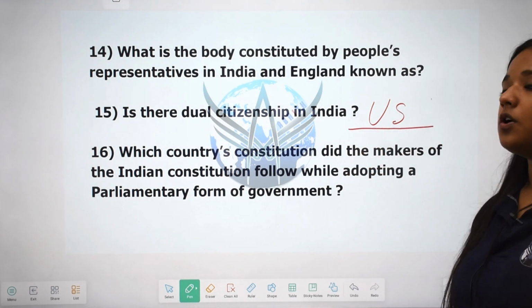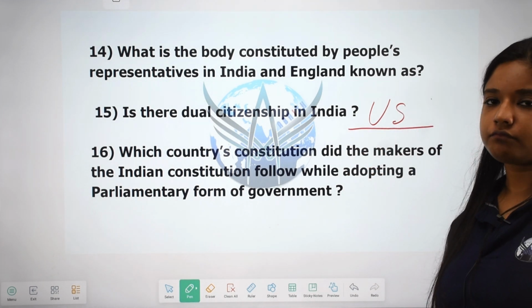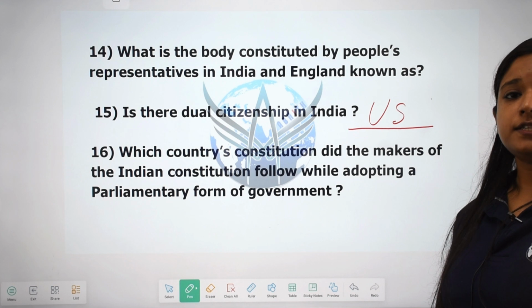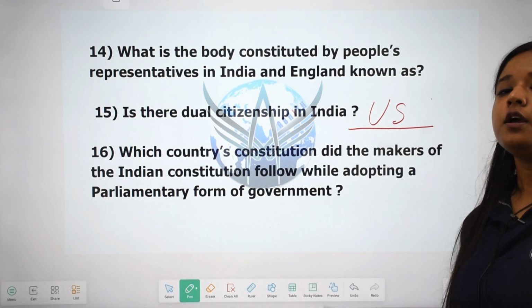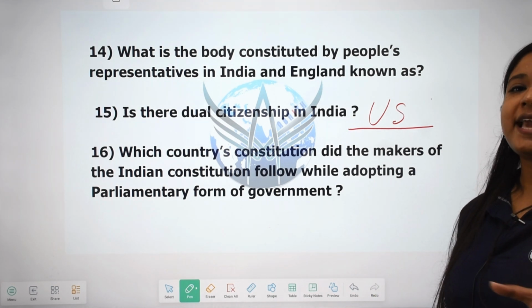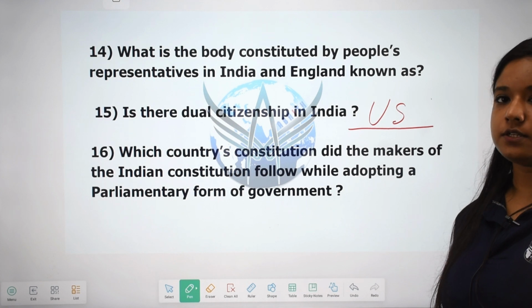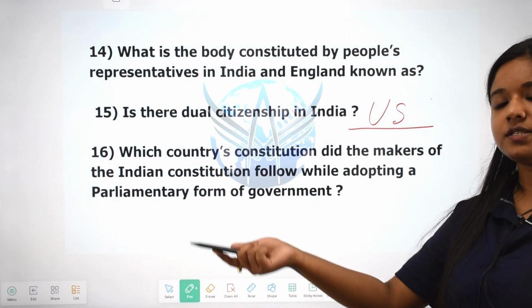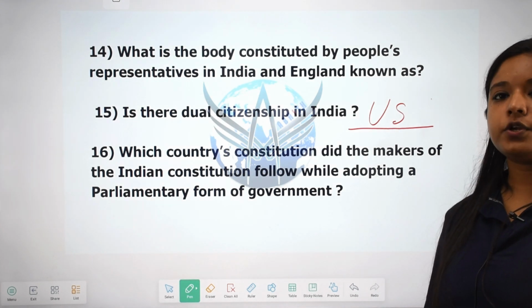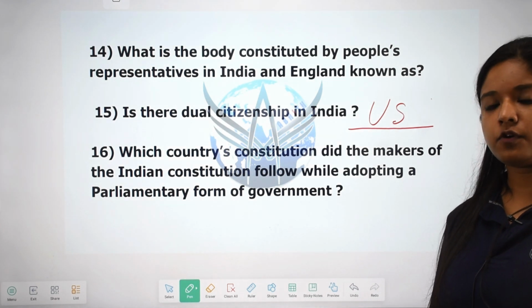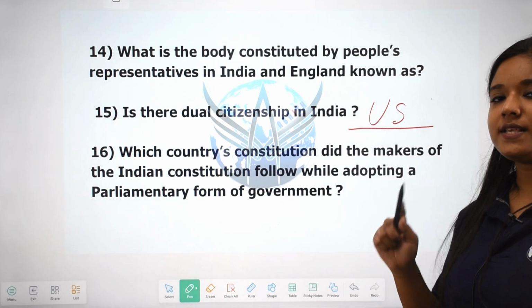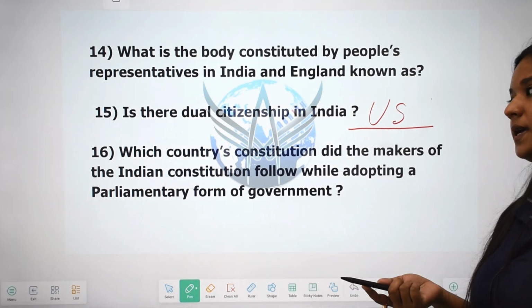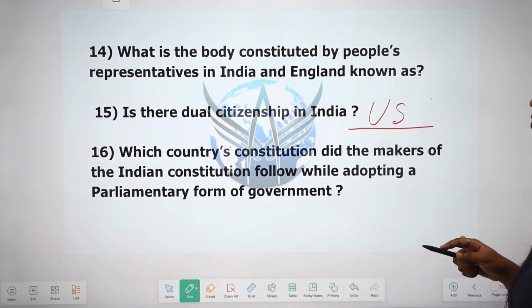US residents are not only citizens of the United States of America; if a person resides in the state of California, he is a citizen of the US and also a citizen of California. So the USA is a country with dual citizenship.